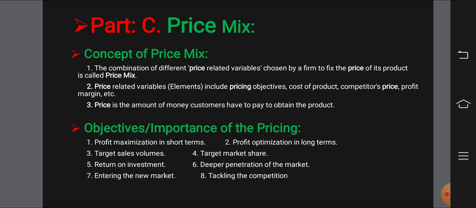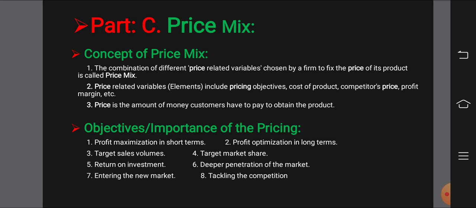These are the elements you have to take into consideration while determining the price of a product. Different organizations choose a different set of these elements to determine the price of a particular product. That process is termed the price mix process.